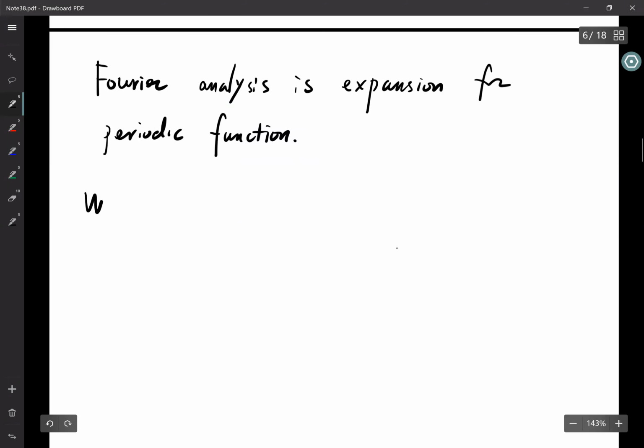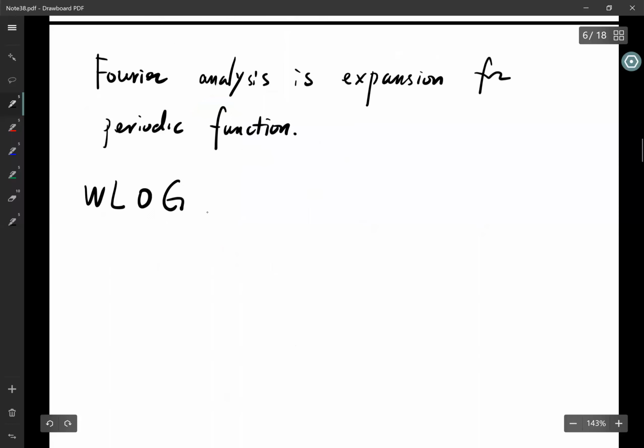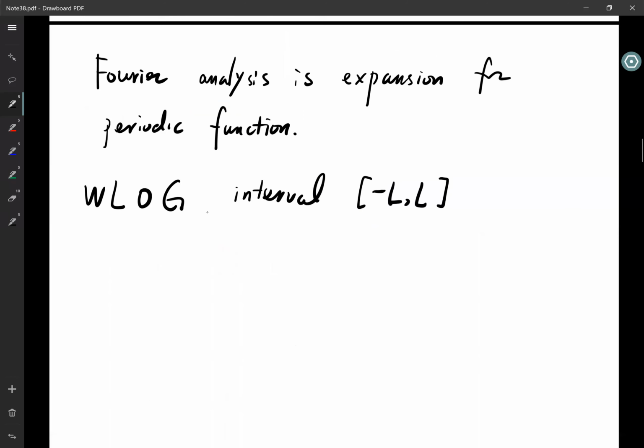Without loss of generality, we consider the interval, let's say minus L to L. Because it's a periodic function, I can take any interval so that the period is 2L.